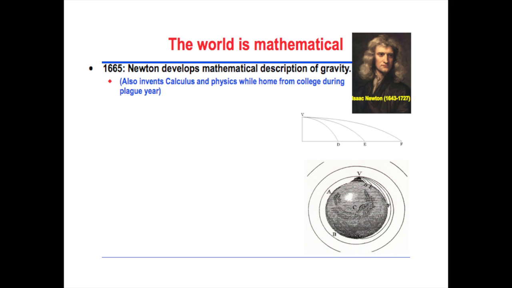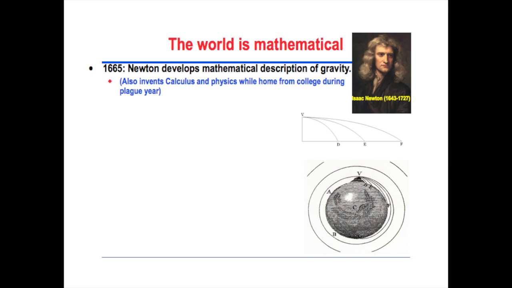You go back to his time, and there he was about 20 years old, and he was home because the plague closed college, and he invented physics and calculus in that year. And just going back all the way to him, you see this diagram over here. He was thinking about things.